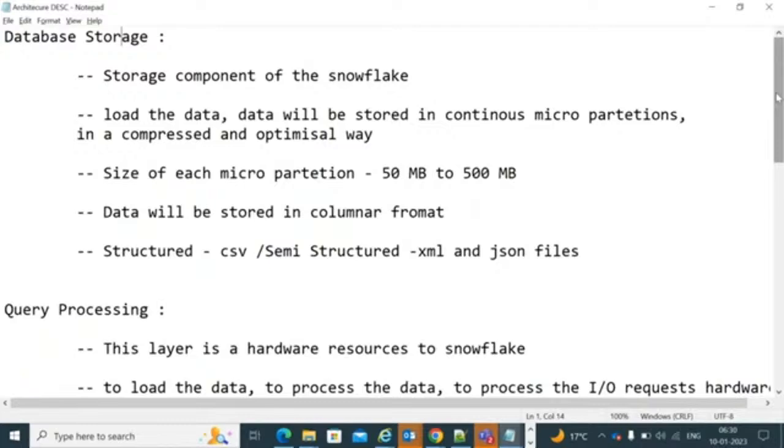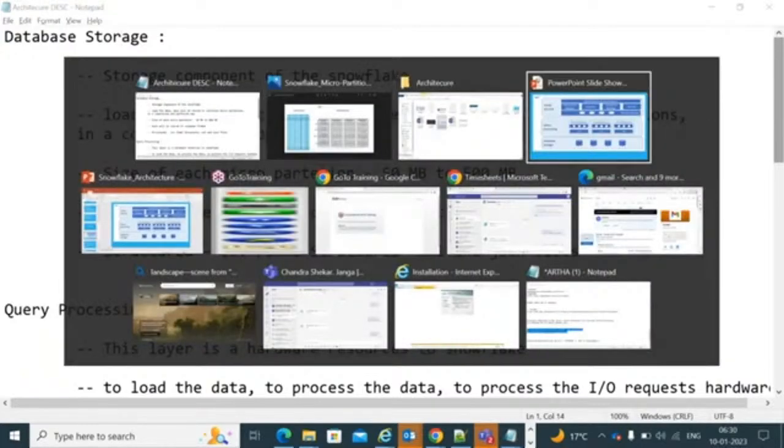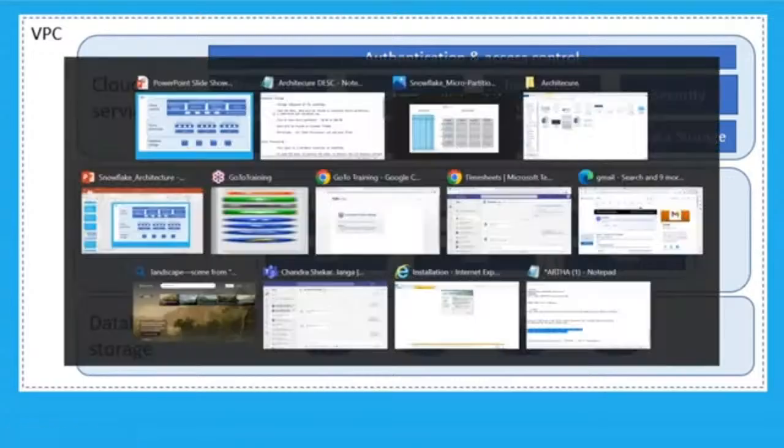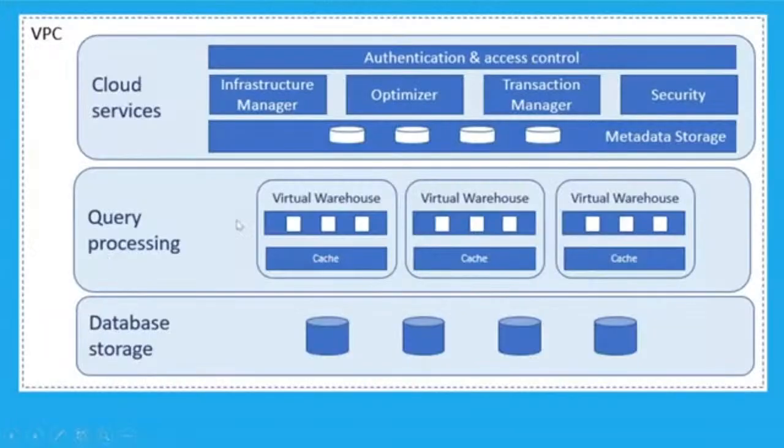Super. Now next. So we are done with the database storage layer discussion, and then we'll go to the query processing layer. Just as the database storage layer is important in your Snowflake, this query processing layer is also very much important. In a single word, I can say this query processing layer is the virtual compute warehouse.